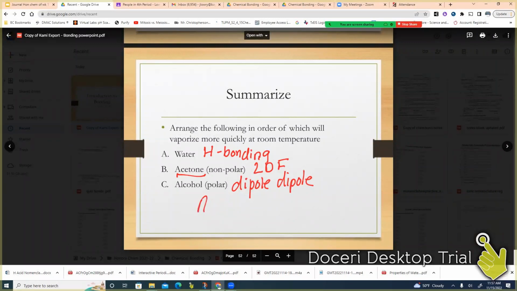All right, acetone less than, as far as force goes, then alcohol. And then also my water would be. So this is looking at forces, so that means my acetone evaporates easiest.